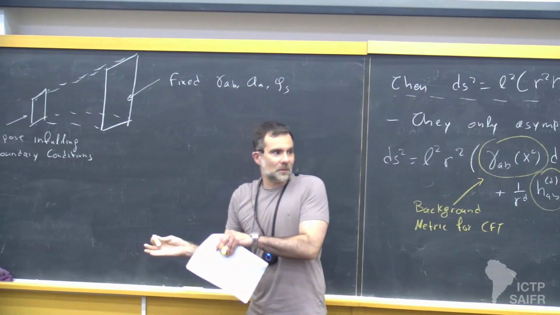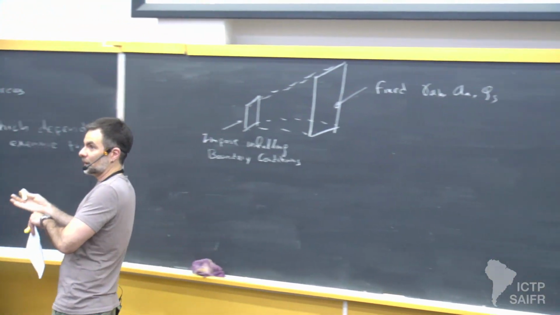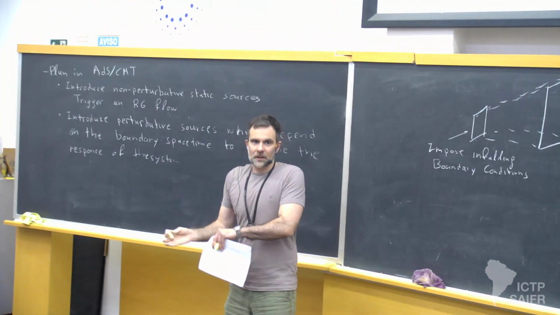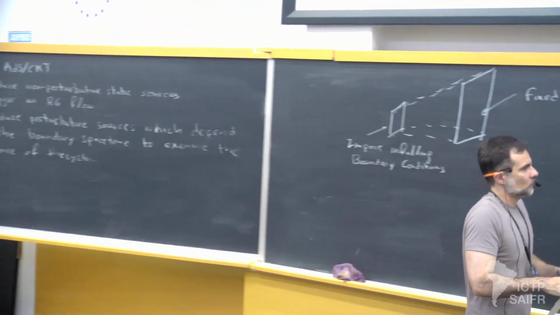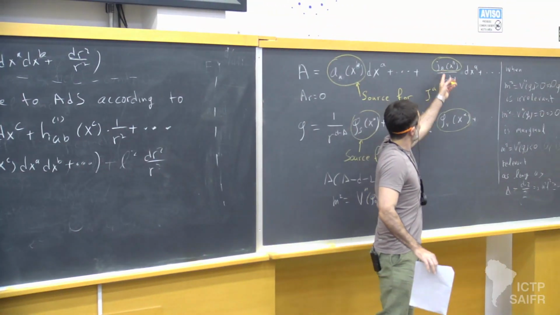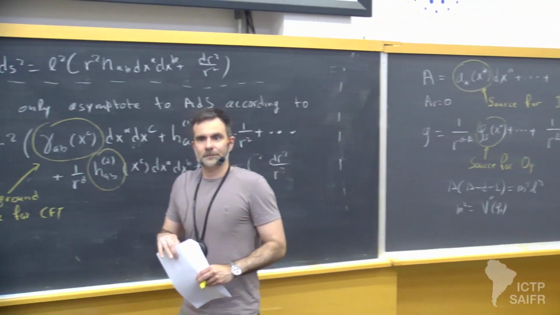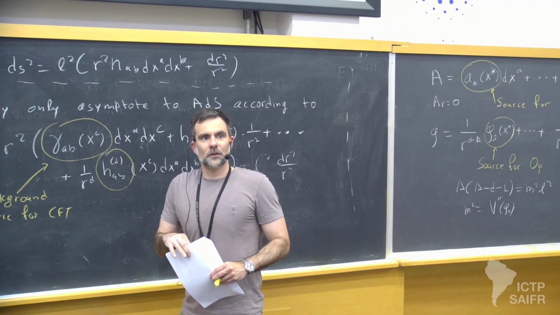If you are doing a real-time problem, infalling boundary conditions will give you a unique, or discrete set of, solutions for these other constants of integration. Does that explain how you fix these constants?